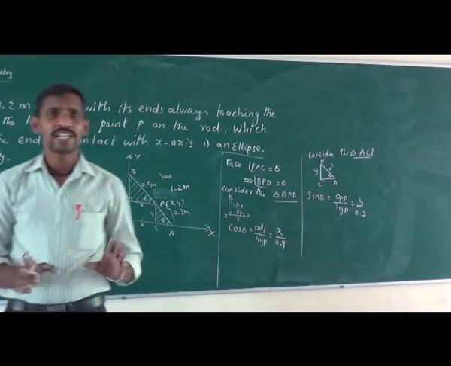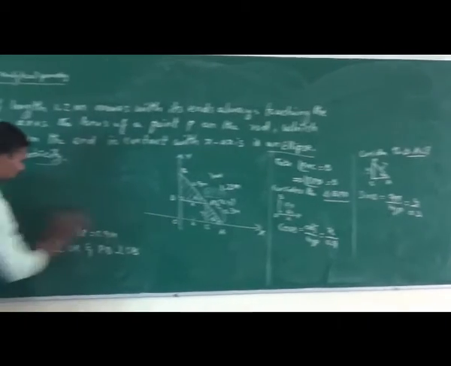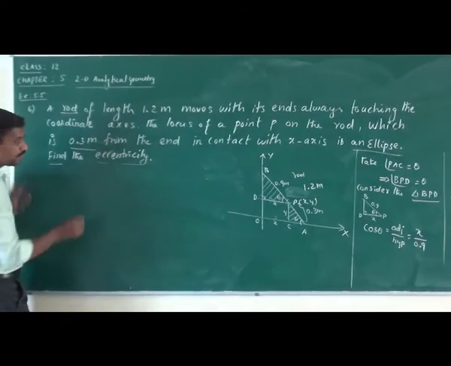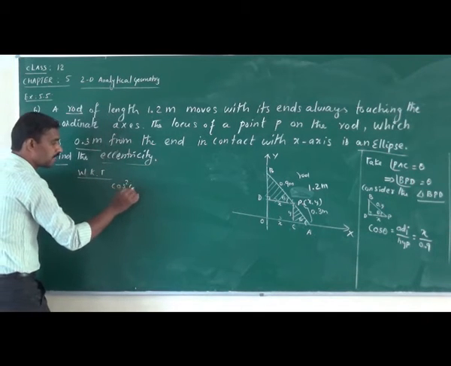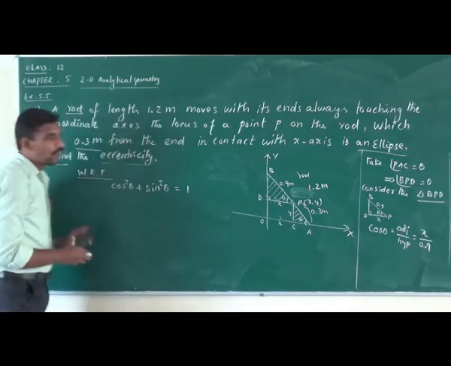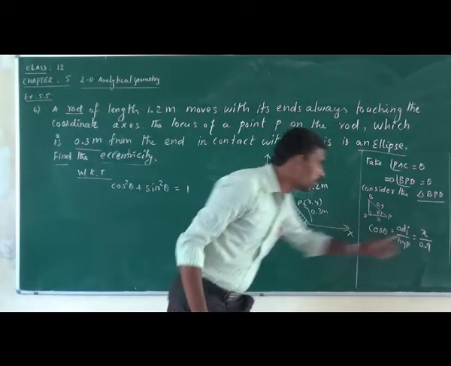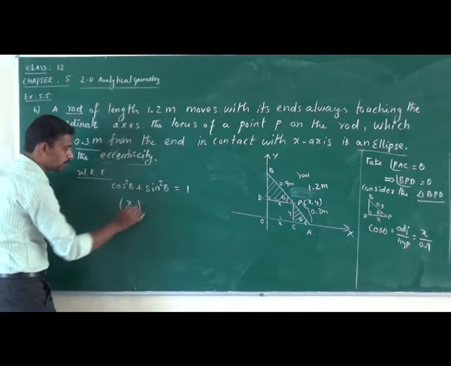Now we know very well the relation between cos square theta plus sin square theta, right? Cos square theta plus sin square theta is equal to 1. What is the cos square value here? x divided by 0.9, the whole square.